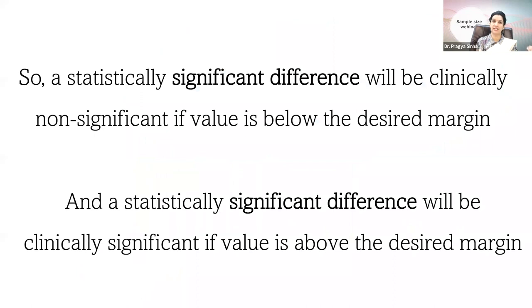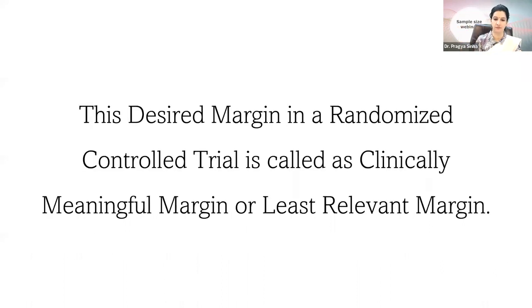So a statistically significant difference will be clinically non-significant if the value is below a desired margin. Similarly, a statistically significant difference will be clinically significant also if the value is above the desired margin. This desired margin in a randomized control trial is known as the clinical meaningful margin or the least relevant margin.